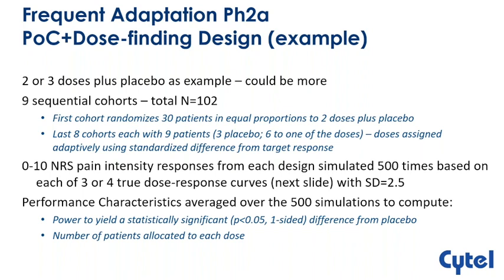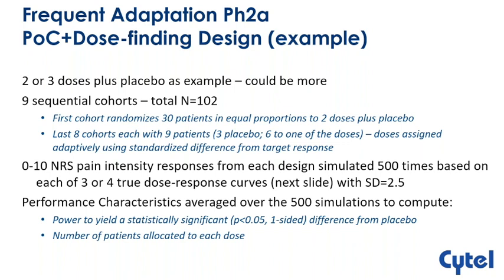So we'll consider a total sample size of 102 and 9 sequential cohorts. The first cohort is 30 patients randomized equally to the doses and placebo. And the last 8 cohorts are 9 patients each, 3 to placebo and 6 to one of the doses. And the doses for the subsequent cohorts are assigned adaptively using a standardized difference from a target level of response.